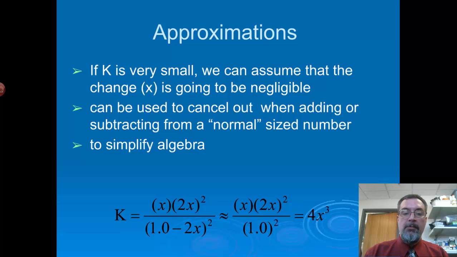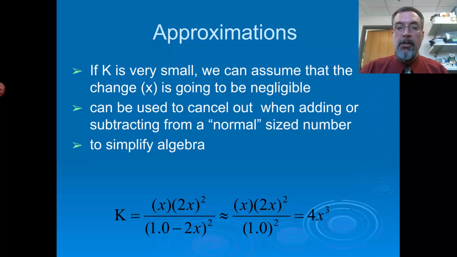And if x is very small, then 1.0 minus 2 times something very small isn't going to change 1.0 very much. And so I can essentially say that that's equal to just 1. And so that just gives me 4x cubed over 1 instead of 4x cubed over this long quadratic expression. So it's an easy way to simplify. And I'll show you that in an example so that you can understand how that works.